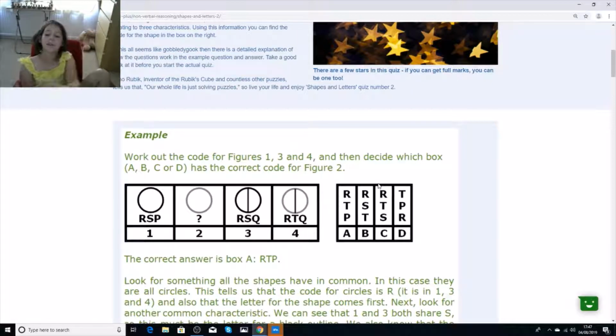So there's 4 boxes, and you need to figure out the code for 1 box. So it's basically like code breaking, but for some reason it's called shapes and letters. I'm not sure why. I don't think there's a real difference.